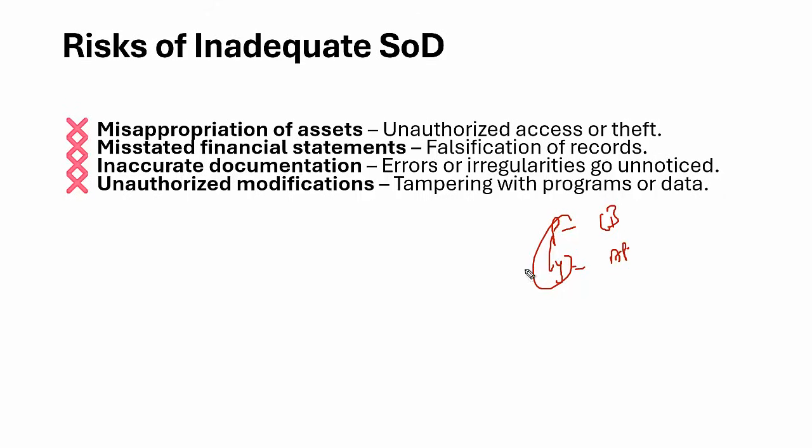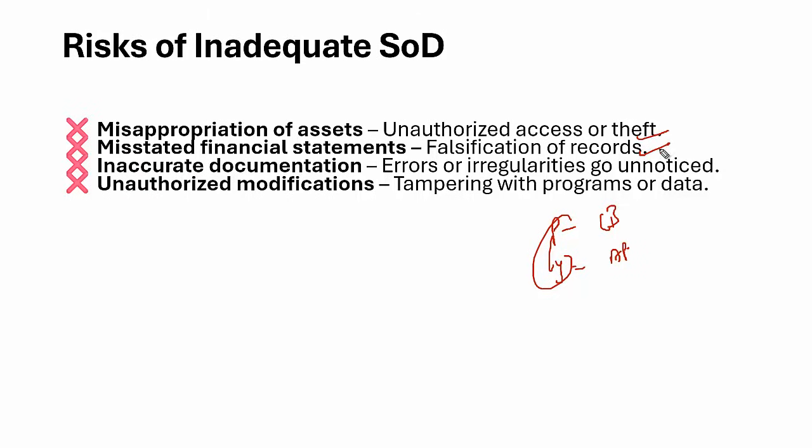This is where the separation of duty is compromised. So if we have an inadequate SOD, this concept is called collusion. I convince him to work together to commit a fraud. So it's called collusion. If SOD is not implemented properly, there's a possibility of unauthorized access or theft. We can modify the records. You have seen the bank frauds and all that.